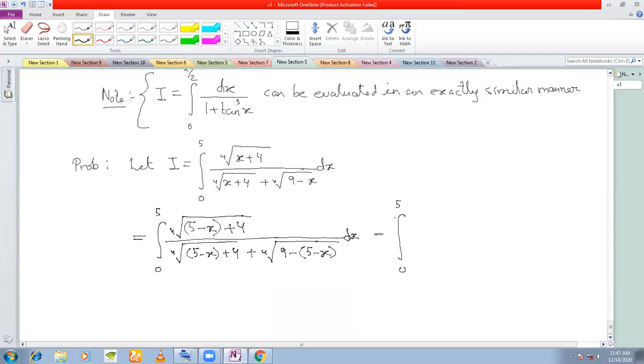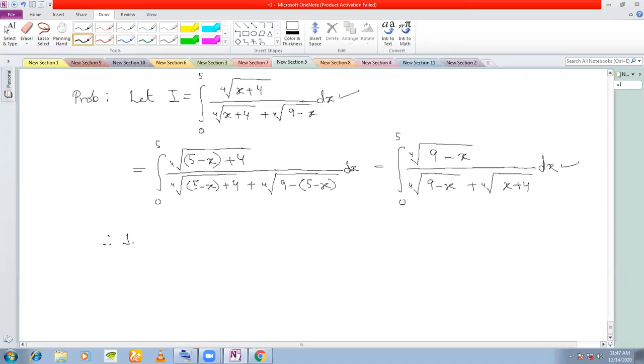Integral 0 to 5, on top you will get fourth root of 9 minus x, in the denominator you will get fourth root of 9 minus x plus fourth root of x plus 4, dx. So now I is equal to this and I is also equal to this, so you add both.